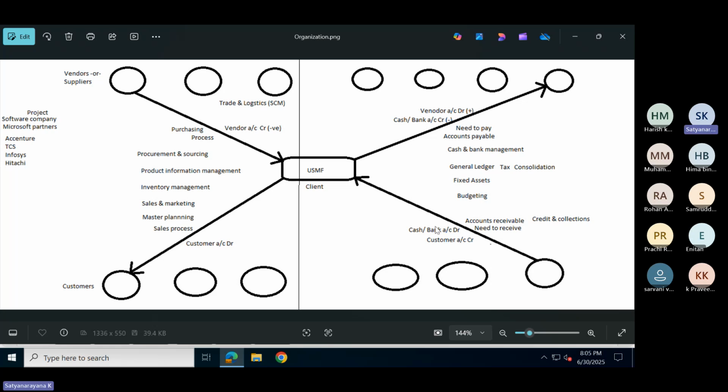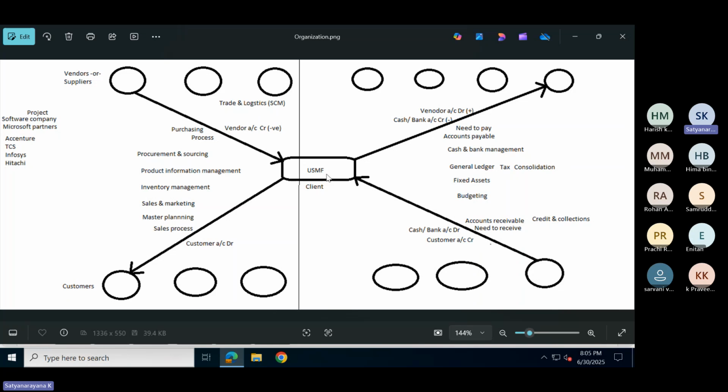So we are receiving money, then our cash balance or bank balance will be increased or decreased. We are receiving money from the customer. Whether our cash balance will be increased or decreased. Increase, sir. Increased, am I right?